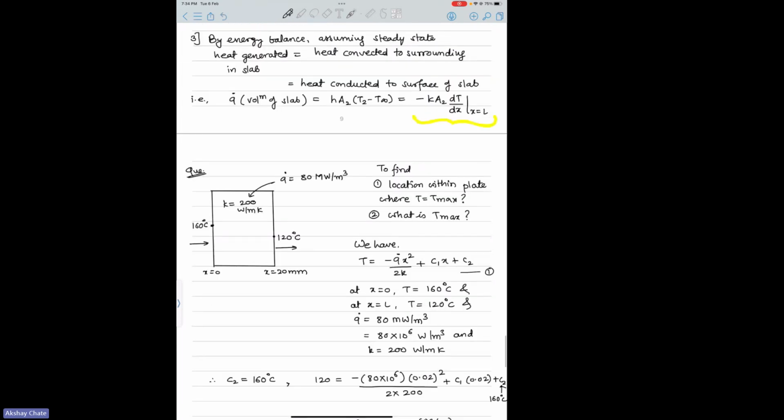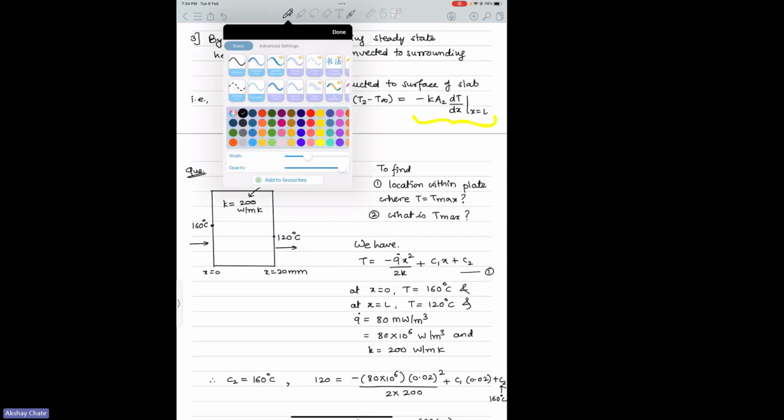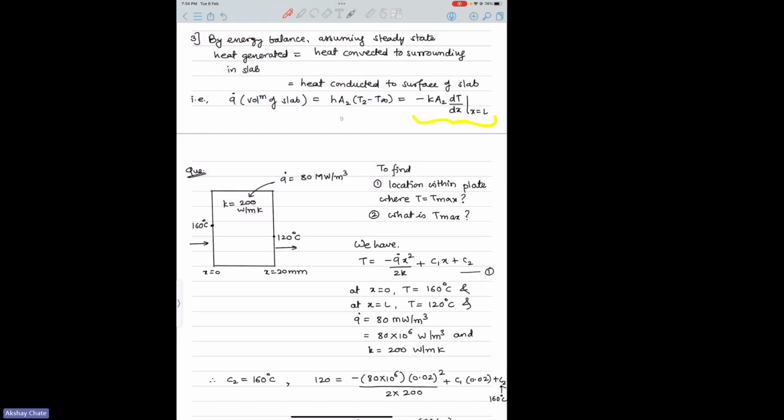if you plot the variation, it will look something like this. Let's say this is your x equal to 5 mm, and this will be your 165 degrees Celsius.